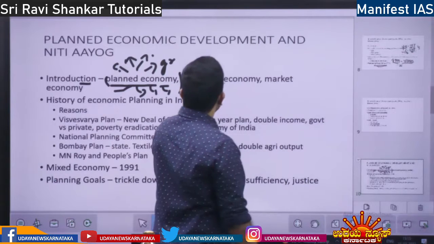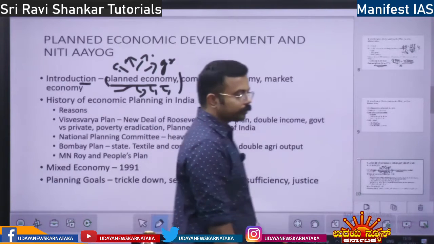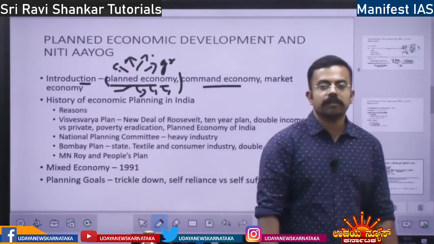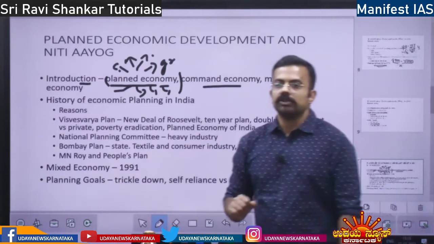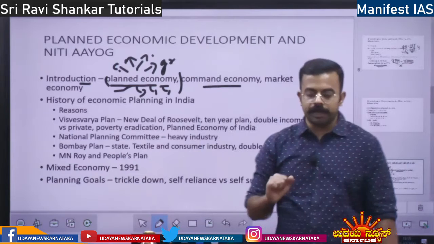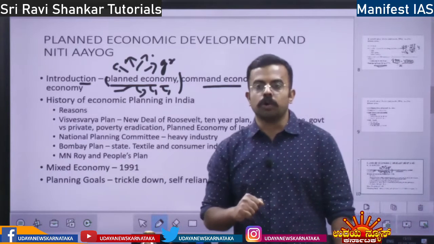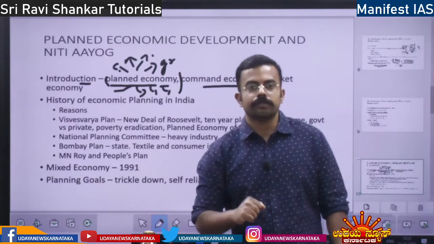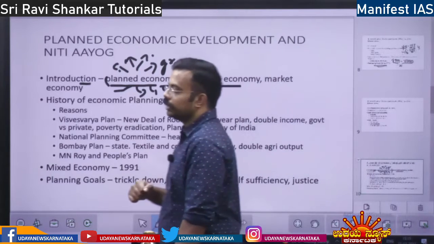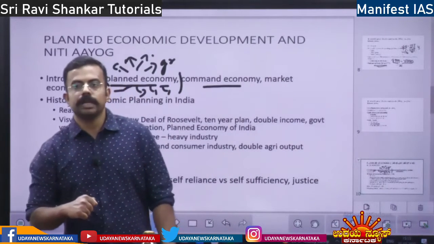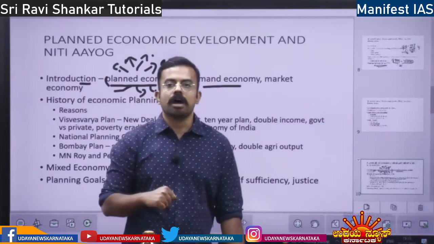Next we have command economy. Command economy, the word itself says government commands. So in all sectors of the economy, government has control, right? For example, in China there used to be command economy during the time of Mao Zedong.